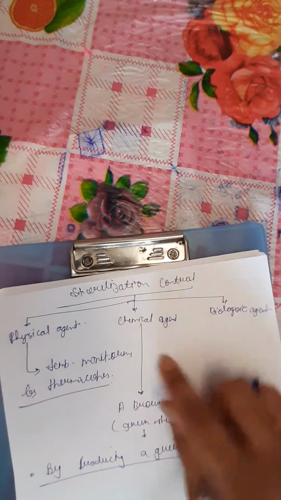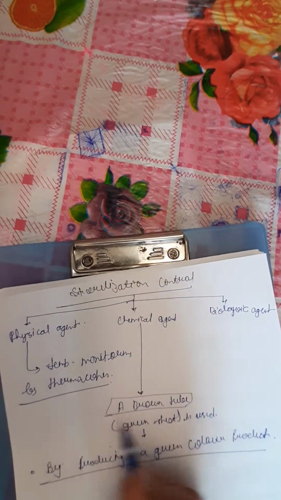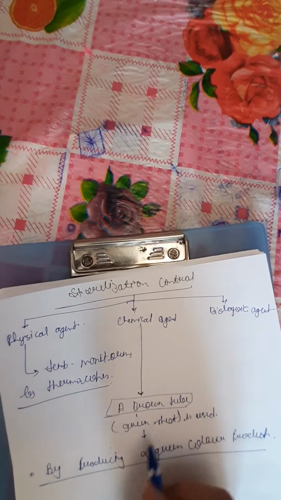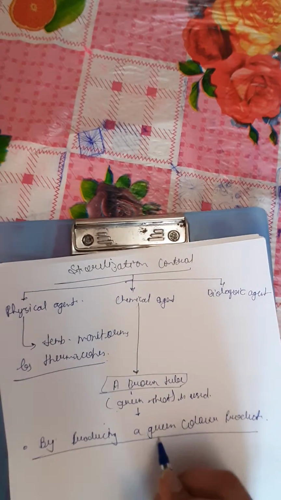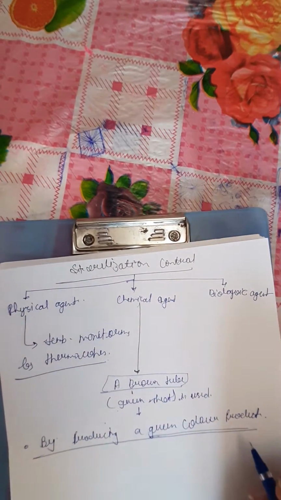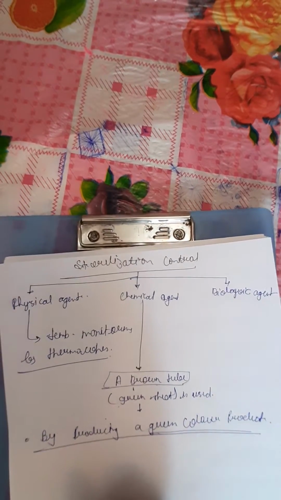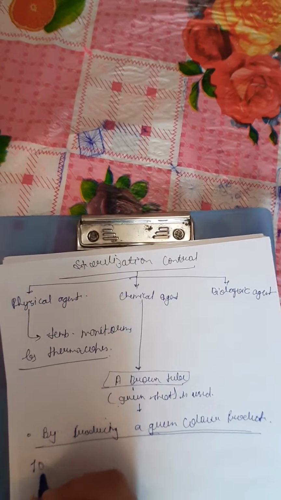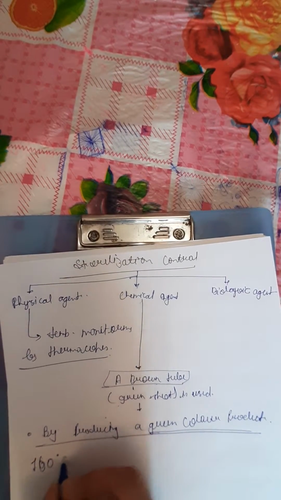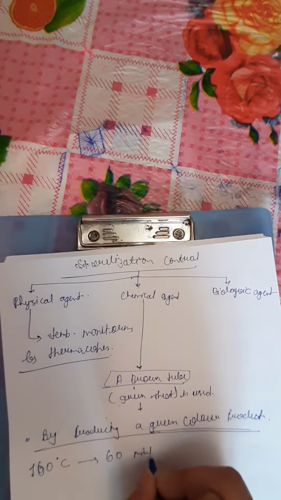So a brown tube, if sterilization has finished, will produce a green color product. At 150 degrees Celsius, it occurs after 60 minutes.